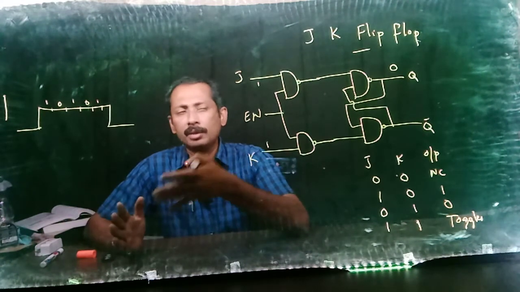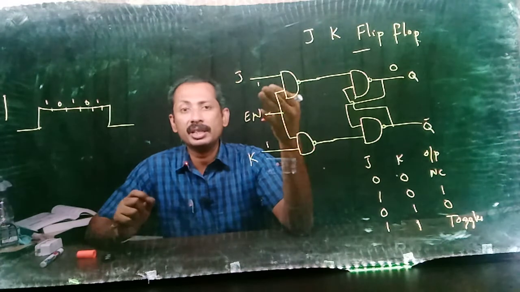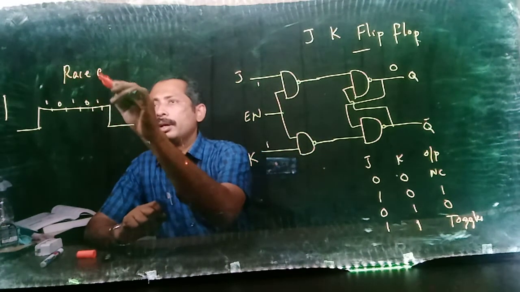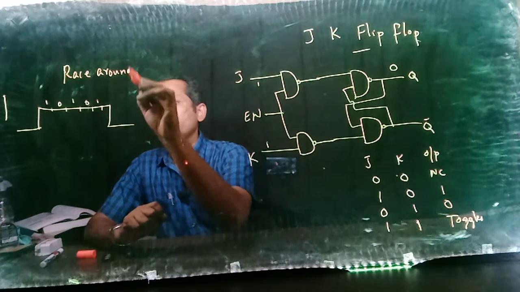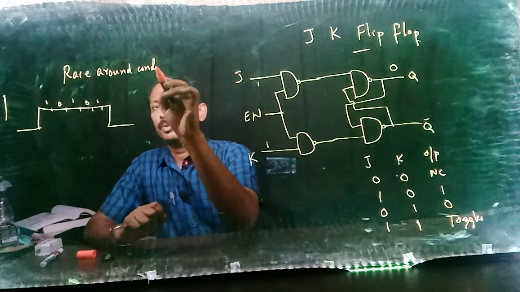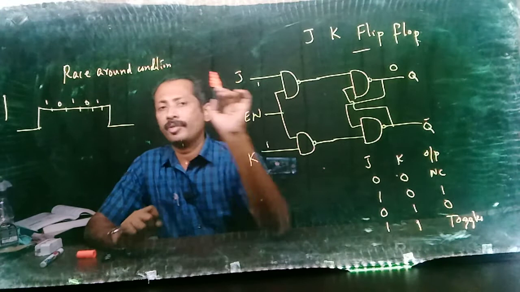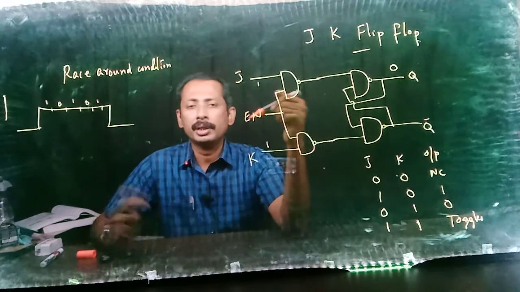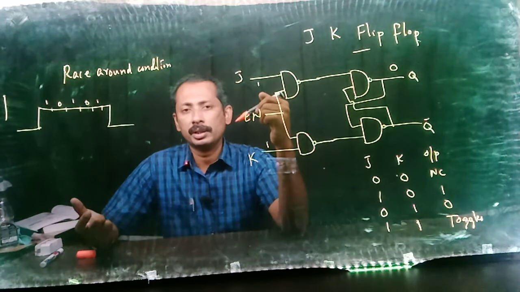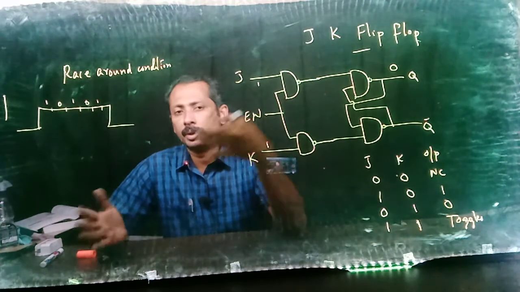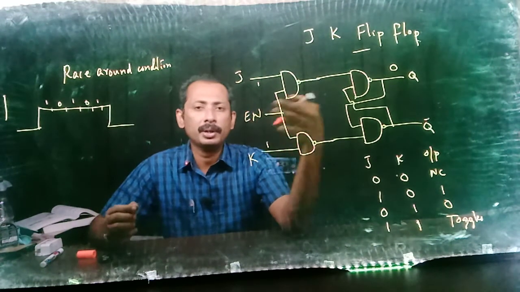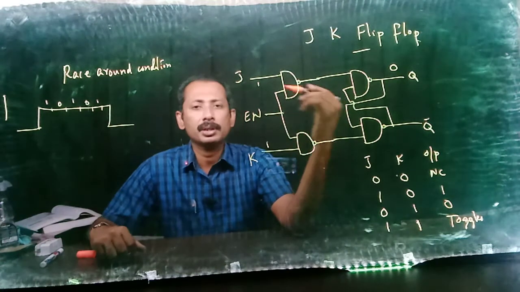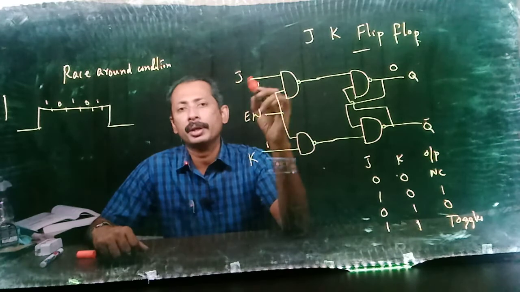And this condition of JK flip-flop is called race around condition. For level triggered JK flip-flops, for input J and K 1 1, there is a condition called race around condition. It means the output gets toggled multiple times depending on the width of the pulse, and so the output becomes unpredictable.